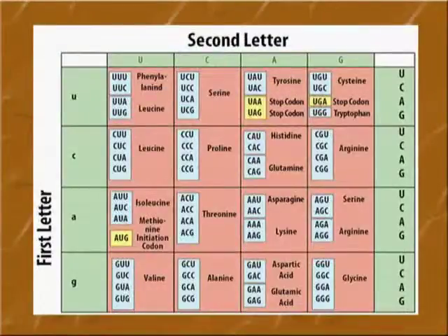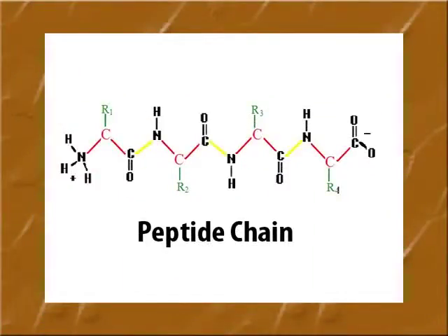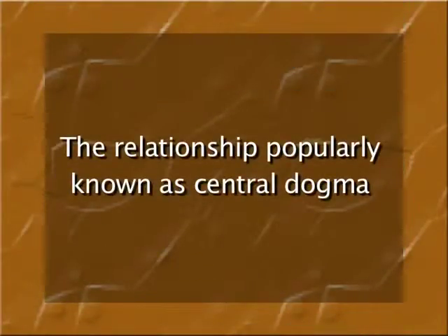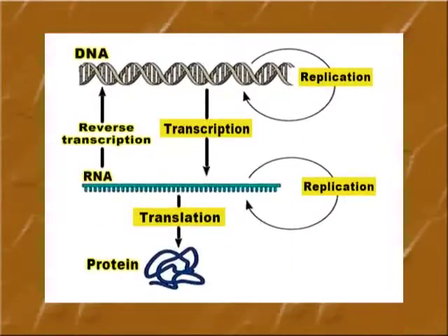The sequence of bases in a particular segment will determine the sequence of amino acids in a particular polypeptide. The relationship, popularly known as the central dogma, explains how protein synthesis is controlled by nucleic acids.